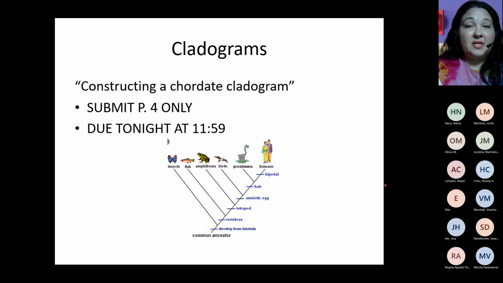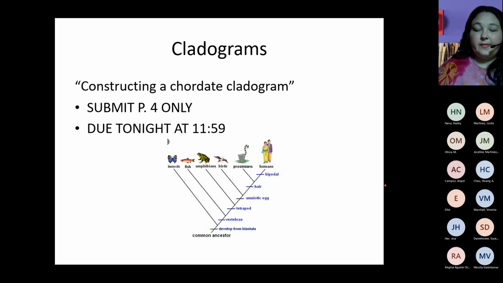It's just combing through the data and finding the answers. Cladograms is much shorter, but it involves critical thinking, which means you're going to have to come up with the answers on your own. So type in the comments which one you are choosing to do, and then I will give you full credit for the other one, and you won't have to do it. And both of those are due tonight at 11:59.